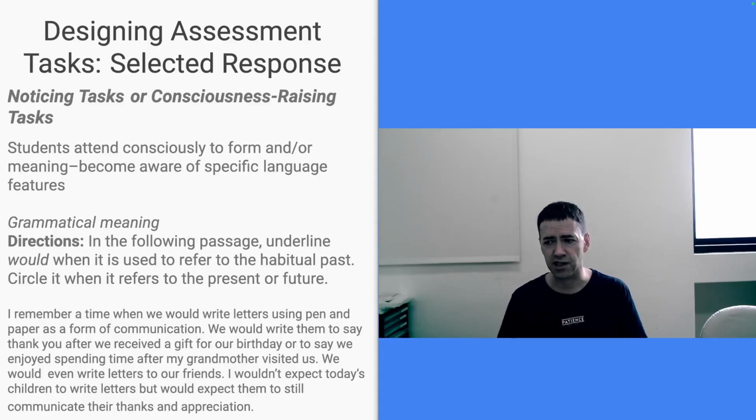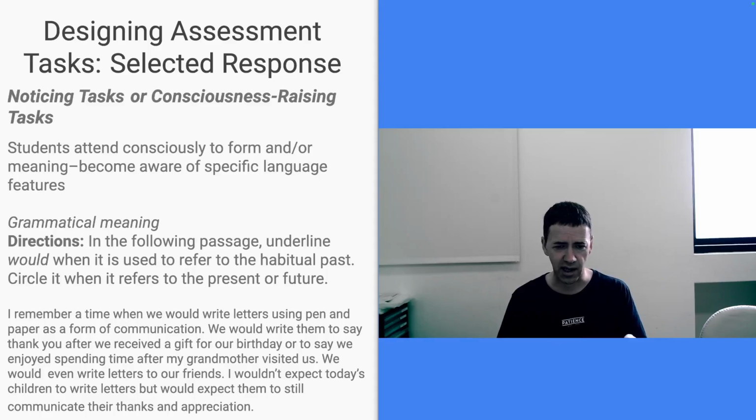And you could give this type of item more as a formative assessment task. You don't need to actually give it to them for a score. And so you can see down below, we've got would. Okay, I remember a time when we would write letters. Okay, that's the past. We would write them to say thank you after we received a gift. Okay, still past. We would even write letters to our friends.